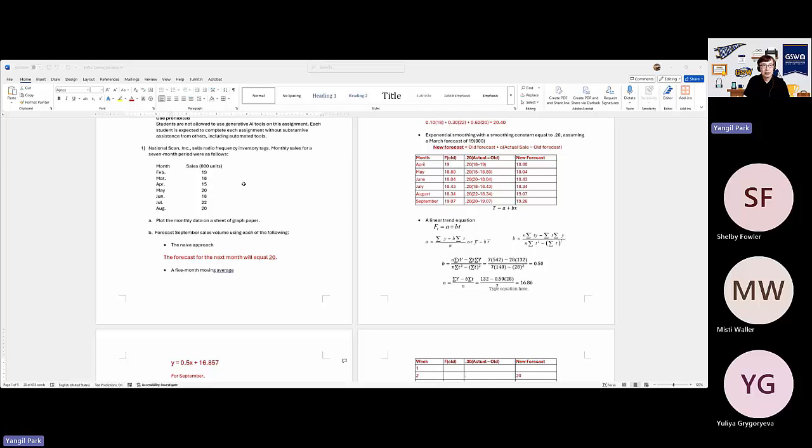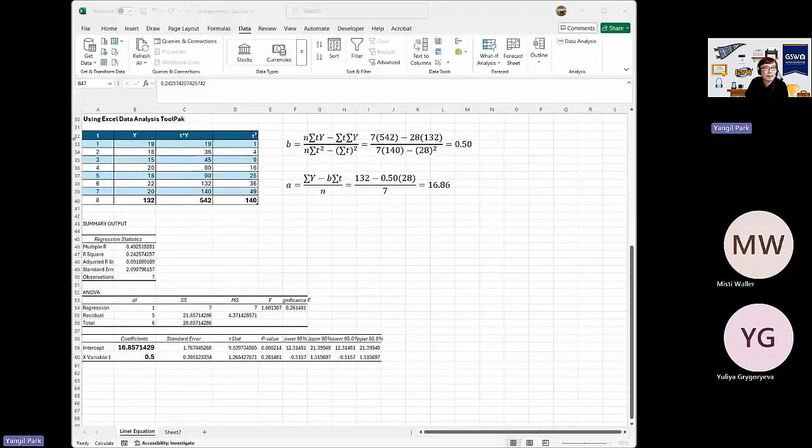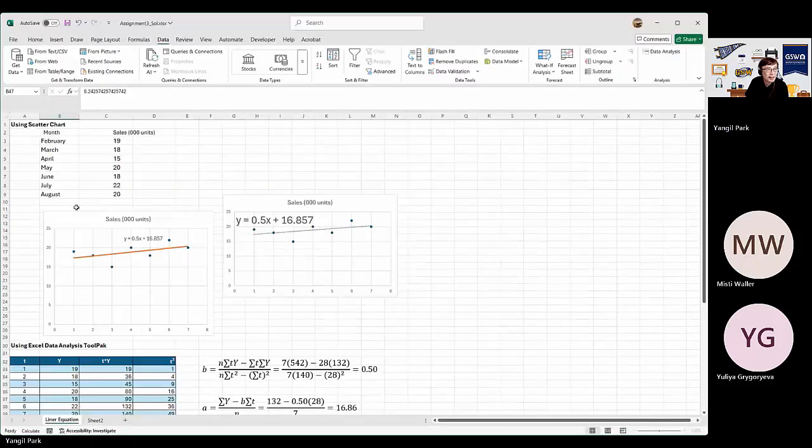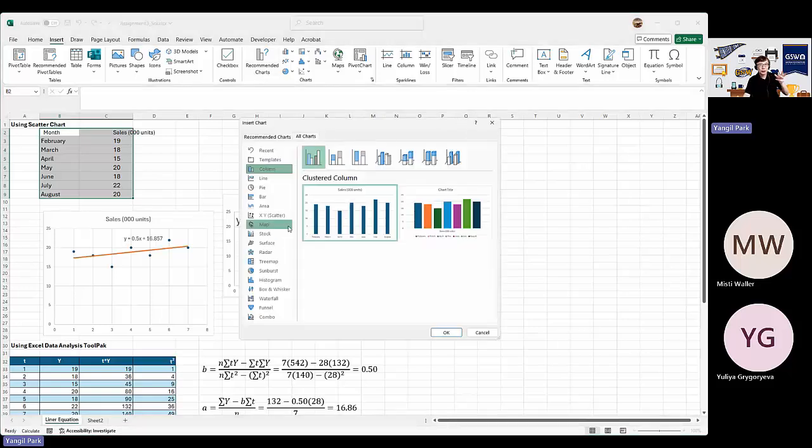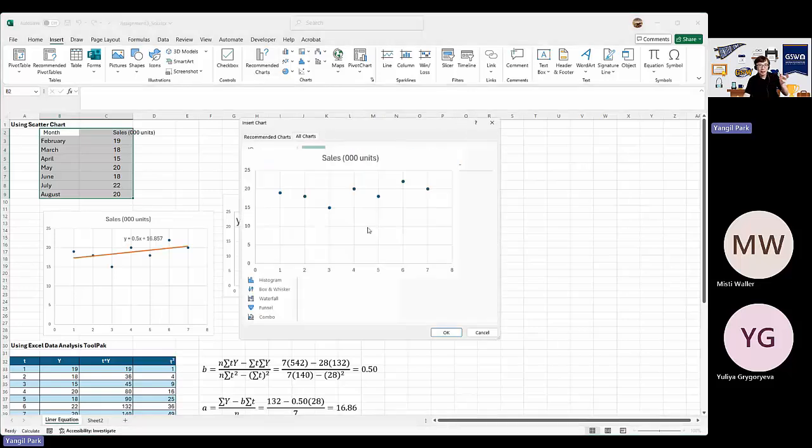So what I did was I used, all right, sorry about that. Yeah, I think you heard it, but in terms of creating a scatter chart, I think it's pretty much straightforward, you know, like highlight, go to insert, recommended chart, go to scatter, then select it.